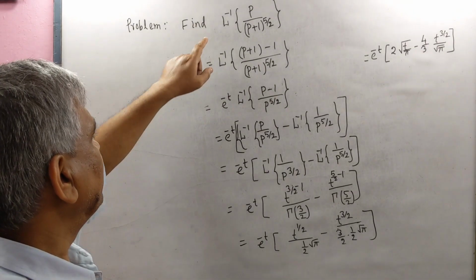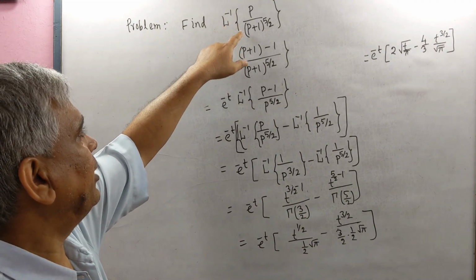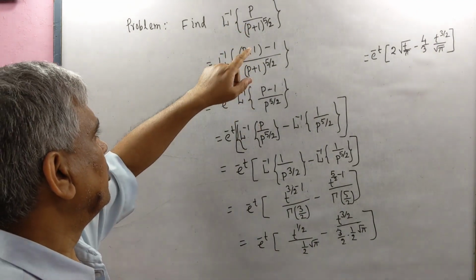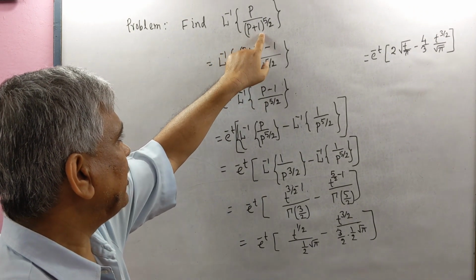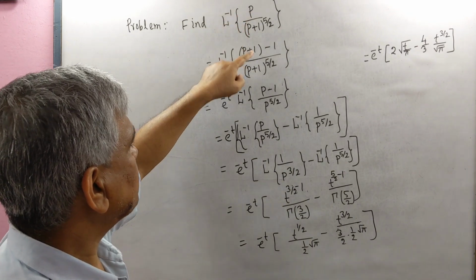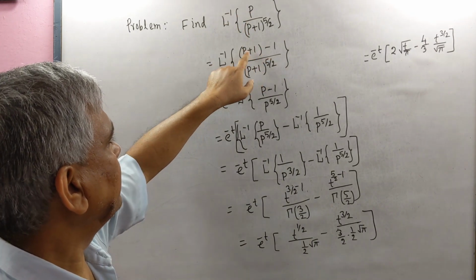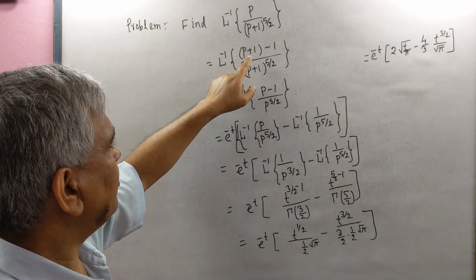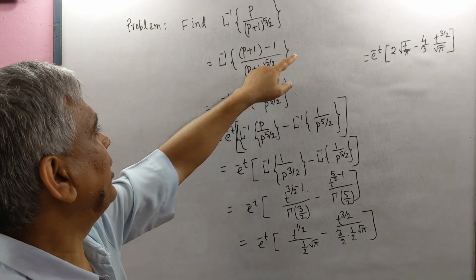Now we solve a problem: L inverse p by (p plus 1) to the power 5 by 2. Here we have p plus 1, so we make p as (p plus 1) minus 1. So this is L inverse f(p plus 1).